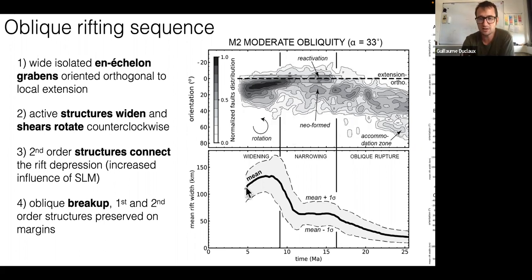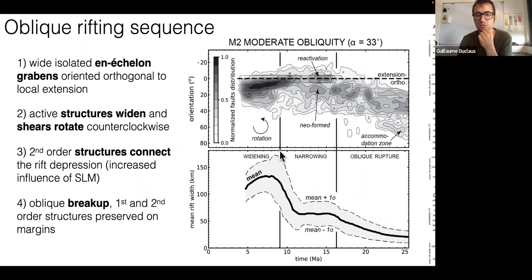And what we see is as this happens, the rift tends to widen. Okay, we've got this first generation of grabens that form obliquely, and as opening propagates, they do widen the active rift system. And at some stage, these structures are not going to be able to accommodate much of the deformation.